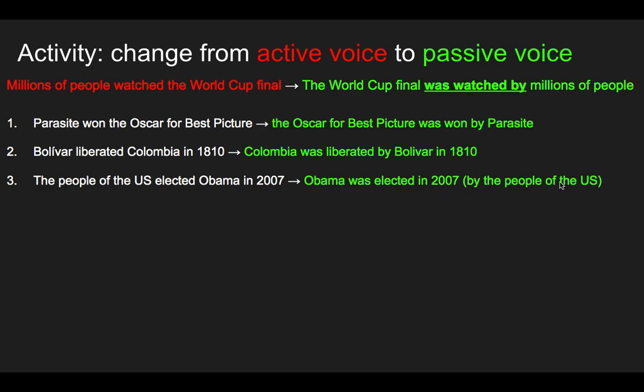Here you can see it's not really important to use this because it's obvious who elected Obama. It was the people of the US. So we can almost not use this part. Just Obama was elected in 2007, because the subject, the people of the US, is not necessary. It's kind of obvious.